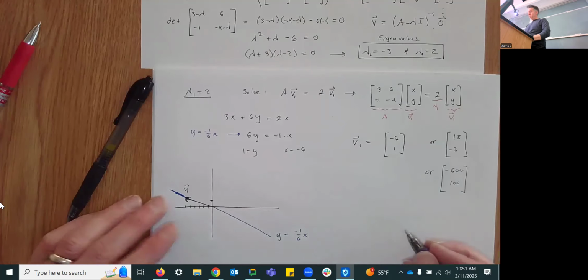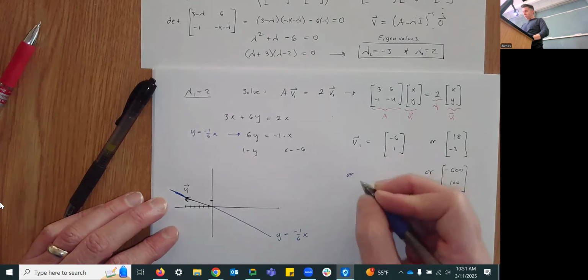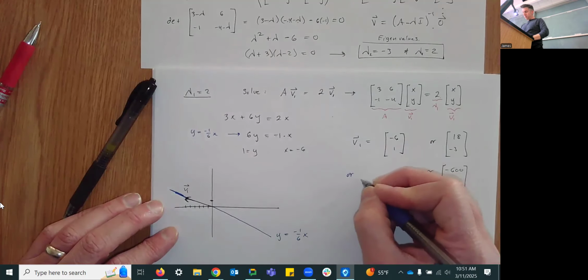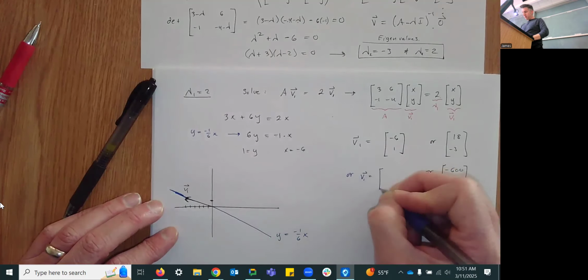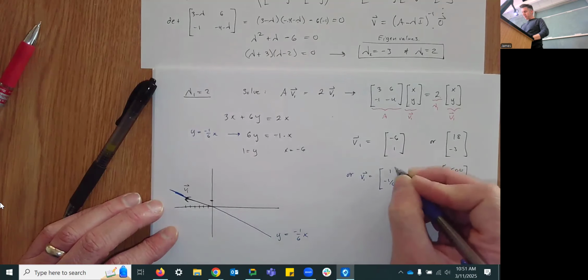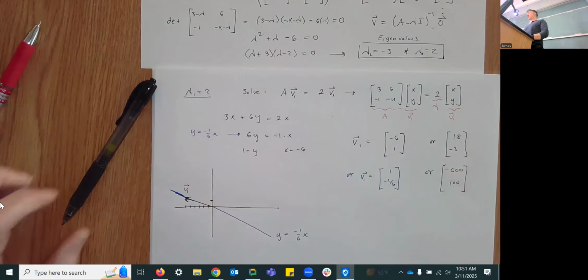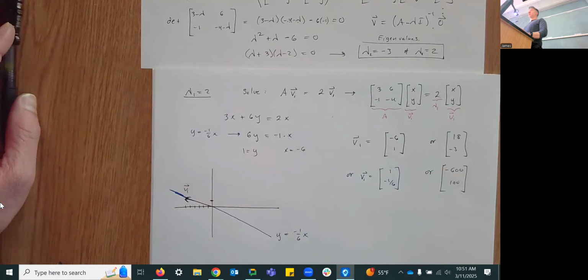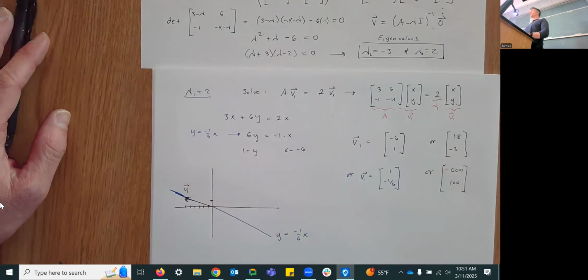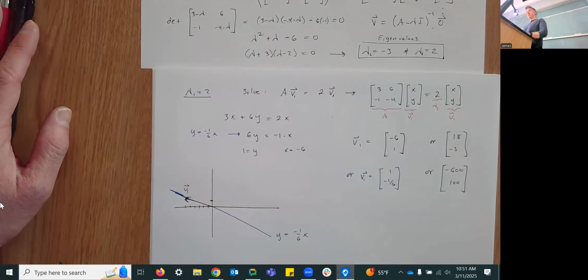Lots of people would prefer to make x equal to 1 and y equal to negative 1/6. Not me, personally. But I just want to really emphasize the fact that any multiple of your eigenvector is also an eigenvector for the same eigenvalue.